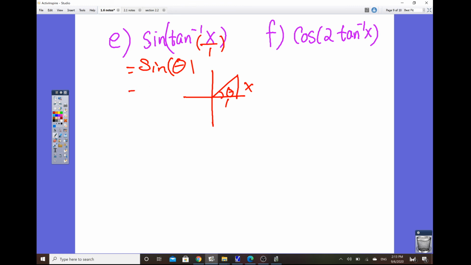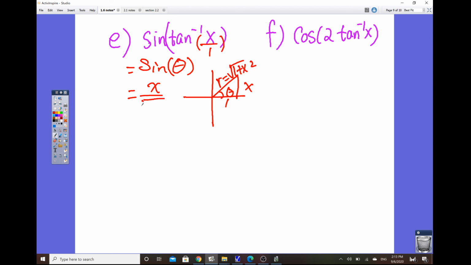Sine of theta is considered opposite over hypotenuse, or y over r. So y here is just x. And then the radius, we need to figure out what that is, again using the Pythagorean theorem with that 1 and x. So we do have square root of 1 plus x squared.